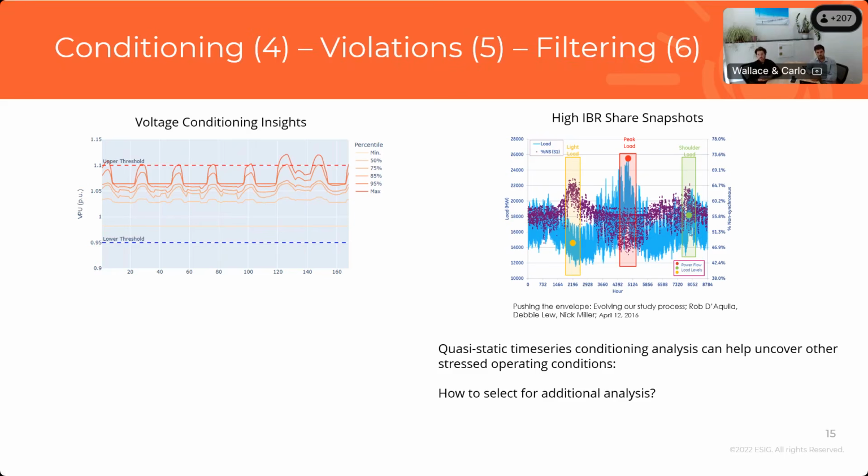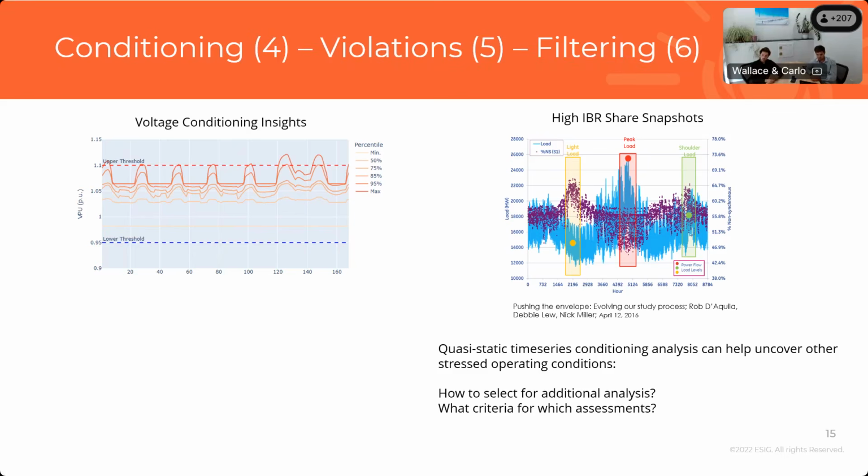Well, there's a variety of different things we can think about. Peak loading, shoulder loading, those are very historic. Light load as well, when you might have very different operational characteristics. Other things we might be thinking about: what sorts of criteria based on maybe IBR shares could I be looking into to help understand which periods I need to be looking at? Can I look at high instantaneous penetrations of IBRs across the entire system?